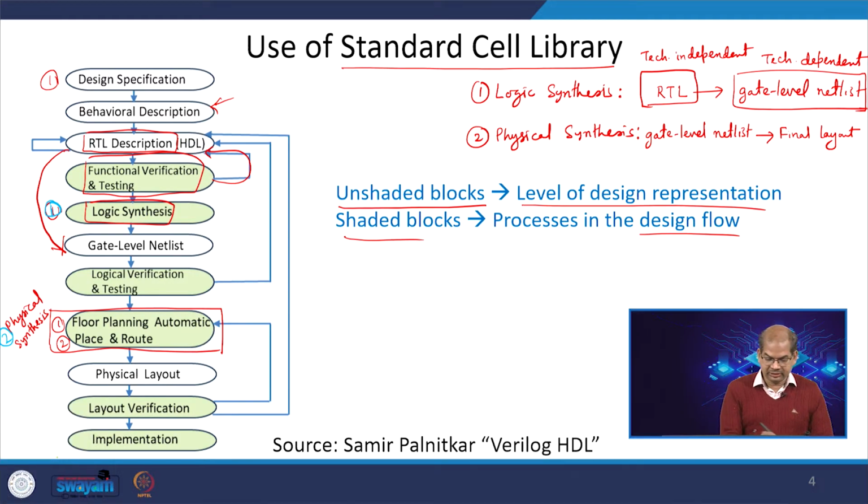This is your RTL level, then you have a gate level netlist, then you have a physical layout of the design. So, we have different levels of abstraction and different processes in the design flow.